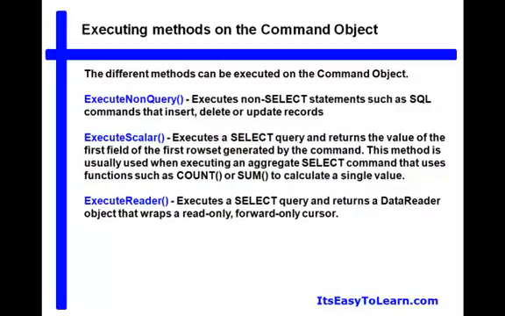A scalar is used to execute commands that return a single value. These are generally used for executing aggregate select commands that use functions like count or sum or average, which calculate a single value. An execute reader executes a select query and returns a data reader that gives us a read-only, forward-only cursor.